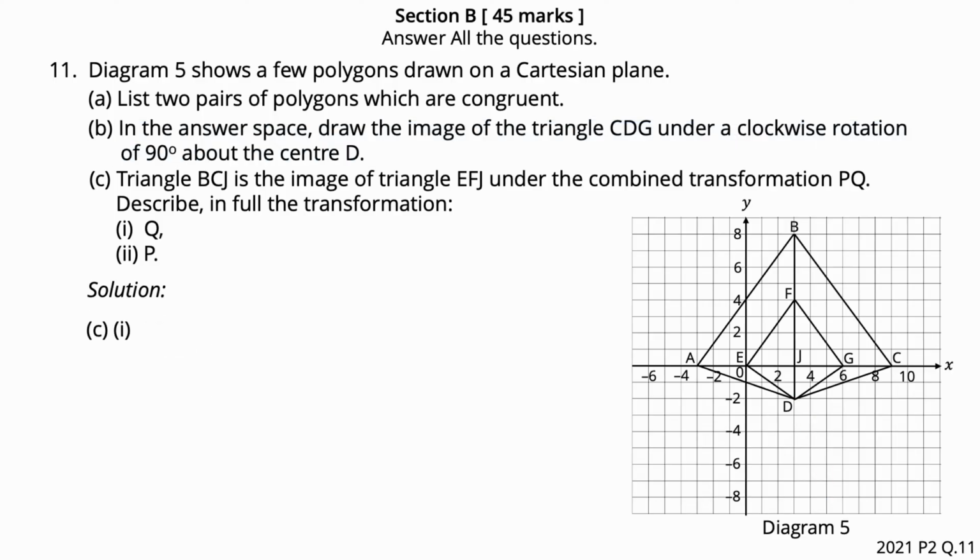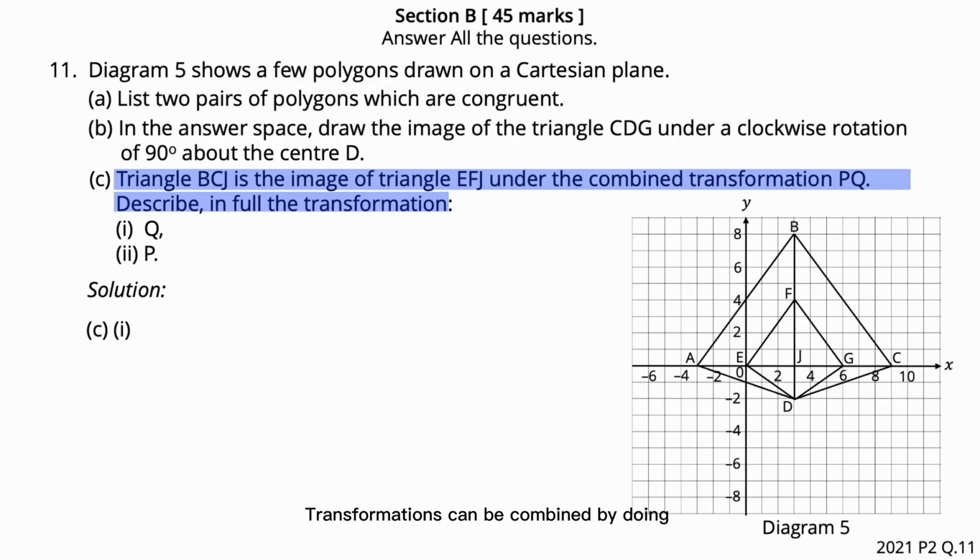Question C. Triangle BCJ is the image of triangle EFJ under the combined transformation PQ. Describe in full the transformation. Question number 1, Q. Transformations can be combined by doing one transformation and then another.